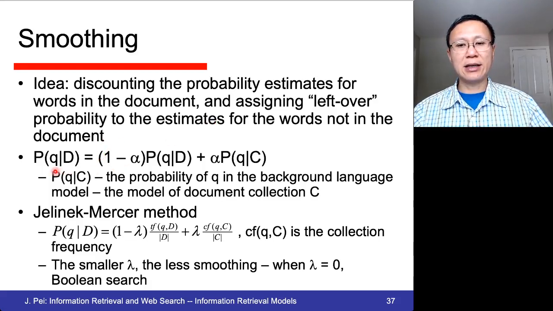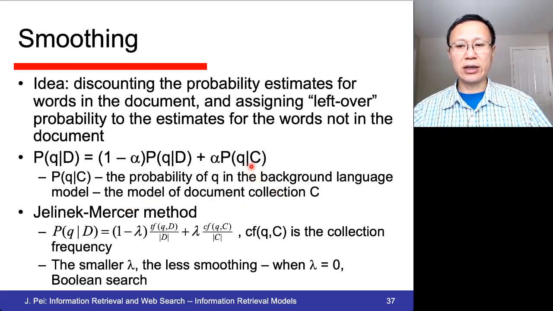To do this, we set a parameter alpha, which is a very small portion. The probability of Q conditional on D is 1 minus alpha times the probability of Q conditional on D, which is the probability you observe in the document D, plus alpha times the probability of Q conditional on C, where C is a large collection of documents.